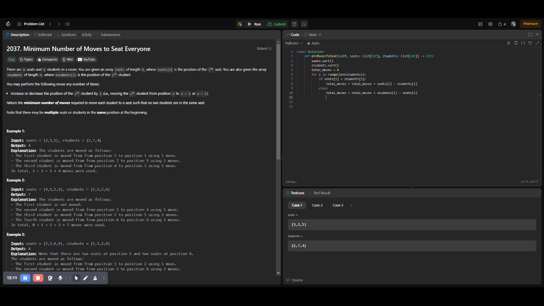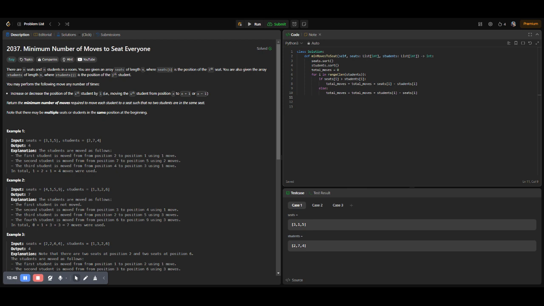See what I did here. If the position of the ith seat is greater than the position of the student at i, it means the seat is at a higher position or the student is at a lower position. So what do we have to do?